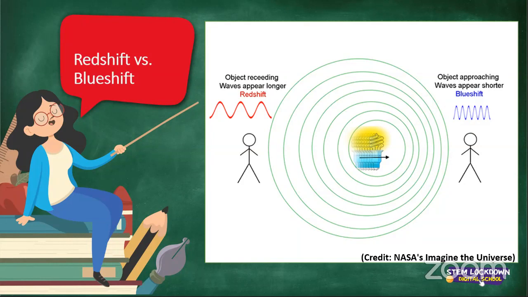So that can show us that it's coming towards us. Whereas if you're the person on the left-hand side from which the object is moving away, you will have longer wavelengths, which means you will have a lower frequency and you will see the color red most likely. And that is called a redshift.